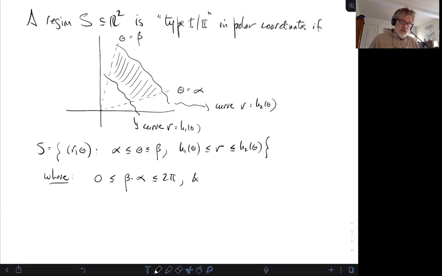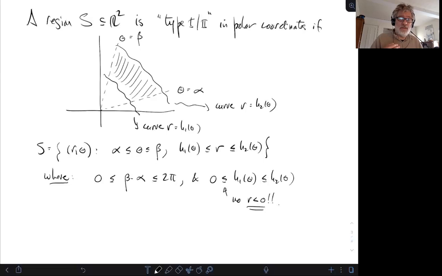The other thing, and that's really important, is that when you're describing this, I mentioned that we can interpret negative r in polar coordinates, that's fine, but when you're describing a region like that to integrate, you cannot use negative r. It has to be always greater or equal to 0. So the functions h1 and h2 have to be greater or equal to 0.